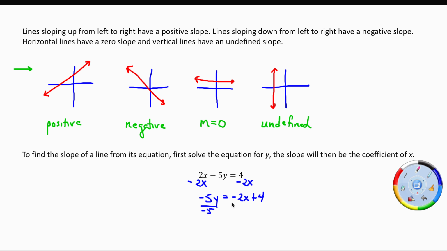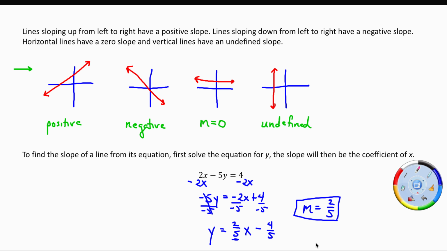Divide everything by negative 5, solving for y. And once it's in this form, the coefficient of the x term is my slope. So I know immediately that my slope is 2/5.